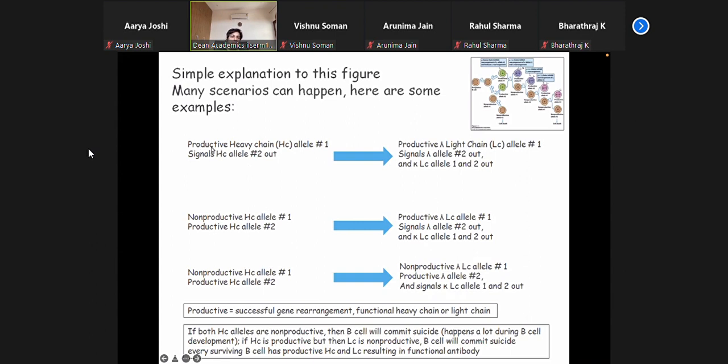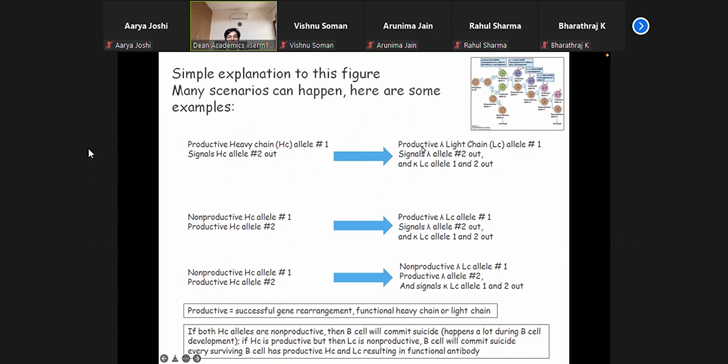So let's say you have a productive heavy chain allele on number 1. This gives a signal that you do not have this rearrangement occurring at allele number 2, right?